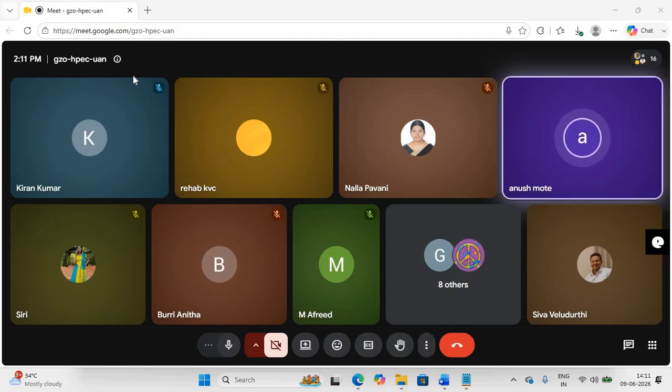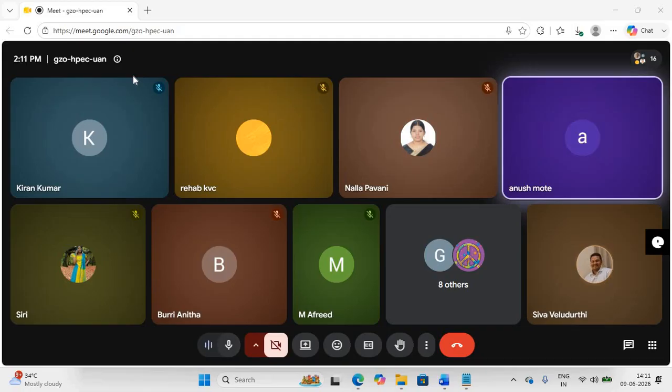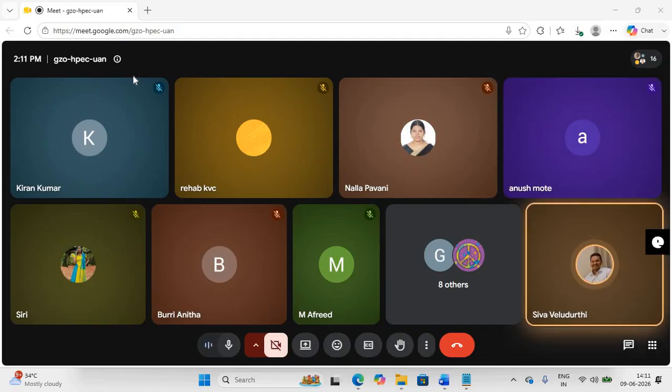Front end development, client side. I am asking about web development. What are the technologies and tools there?